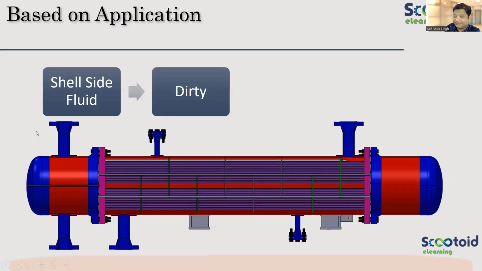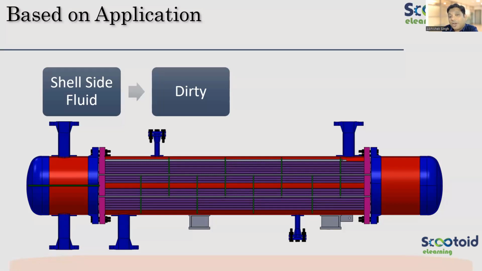It's not possible. The tube sheet is welded to the shell, so how will I access it to clean? If it is a dirty fluid, it requires cleaning. Maintenance basically means cleaning. If I don't clean the tube bundle from outside when my shell is dirty, what will happen? There will be scaling and fouling. Ankit, very right word. If there is fouling, heat transfer will not happen and the efficiency will go down.